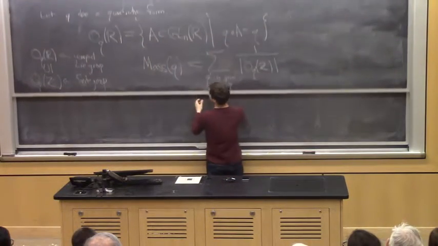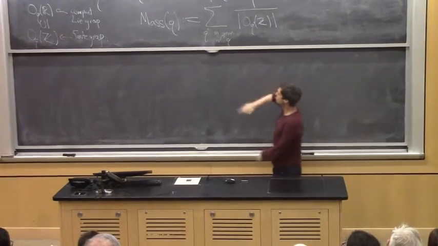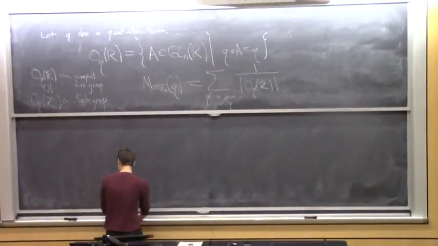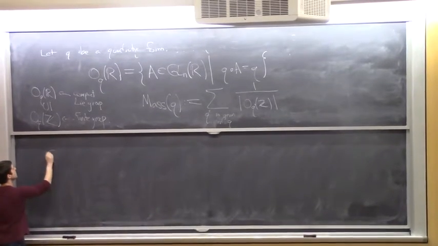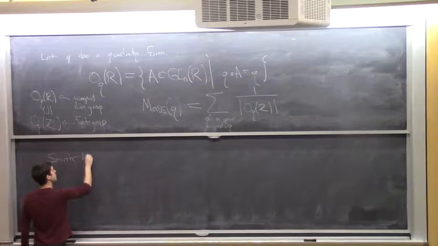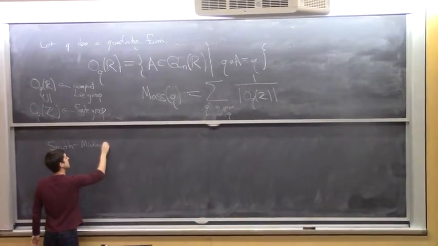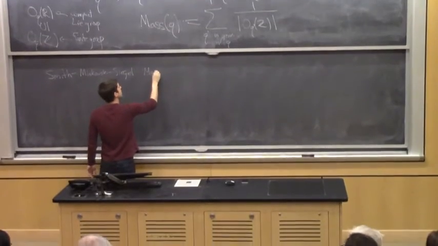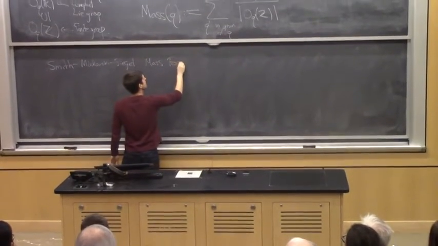One reflection of the fact that it's a good idea to count things in this way is that there's actually a formula for what this quantity is. So that formula is called the Smith-Minkowski-Siegel mass formula. And it says something like this.